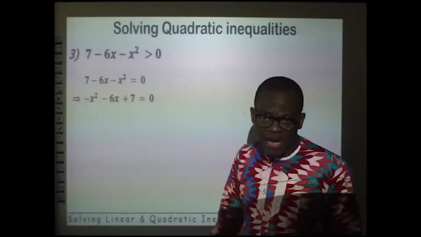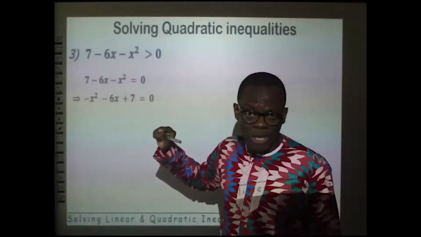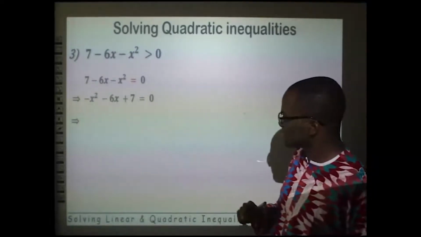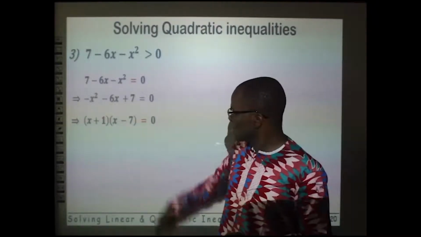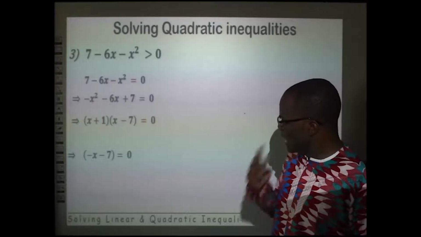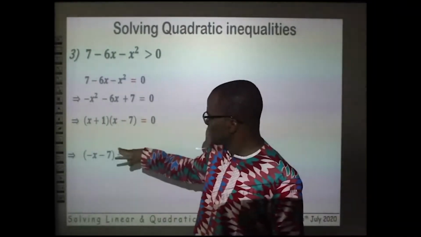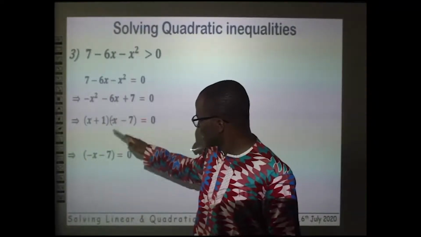And yes, of course, you can factorize. If you try your hands on that and factorize this quadratic equation, here's what you get: x plus 1, x minus 7 is equal to 0. Well, as a matter of fact, there should be a minus here. Sorry about that. I left the minus out, so there should be a minus there.